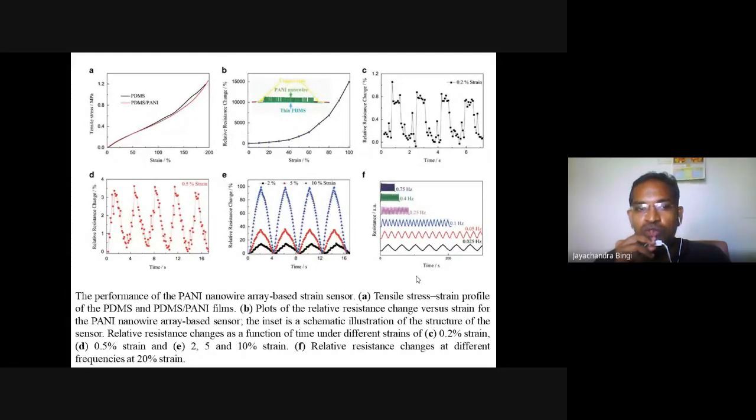Relative resistance changes. That means what is the sensing parameter they considered? They considered the resistance. That means if you move it, if you touch it, if you make any change in its environment, its resistance is going to change. That is the way they got inspiration.